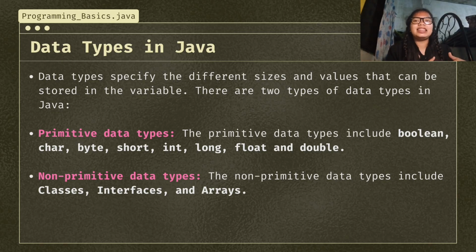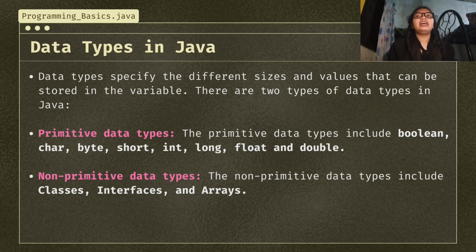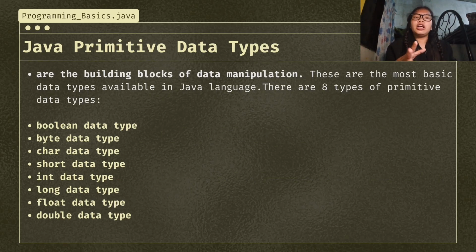The things included in the non-primitive data types are classes, interfaces, and arrays. Let's talk further about the primitive data types. As I said earlier, the Java primitive data types are the building blocks of data. There are 8 types of primitive data types.